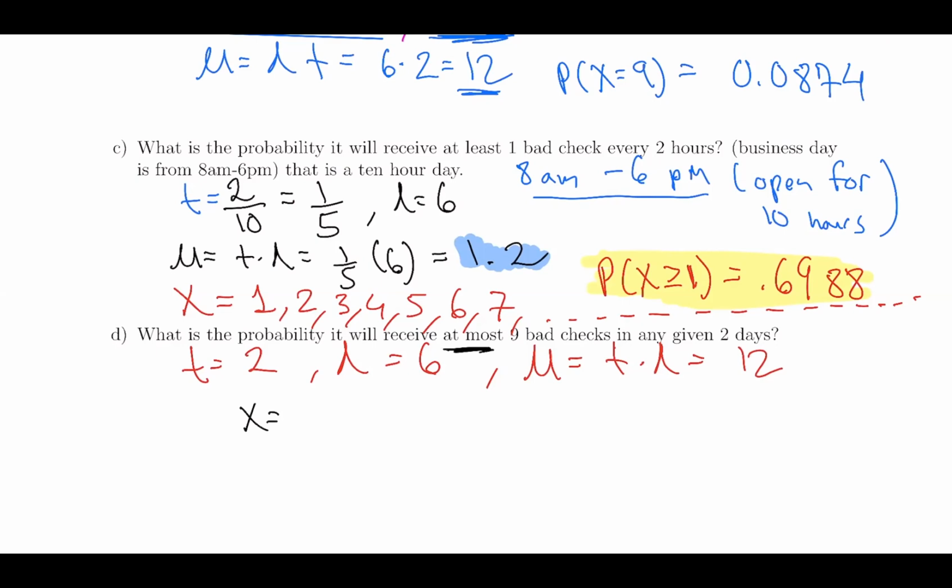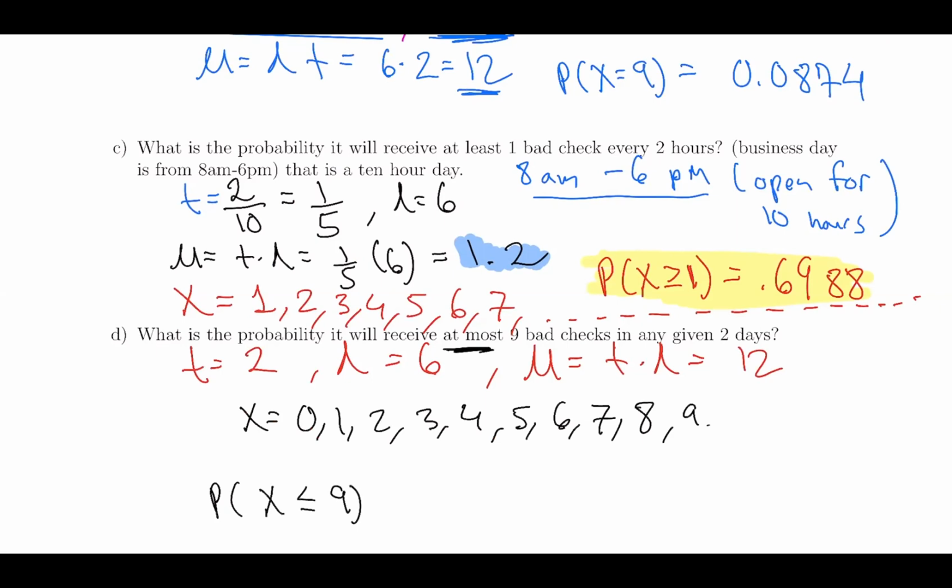So we're gonna go 0, 1, 2, 3, 4, 5, 6, 7, 8, and 9. So we're gonna find the probability that x is less than or equal to 9. So if I want to find the probability of x equals 0 all the way through 9, which one should I use, PDF or CDF? CDF. So we're using CDF.